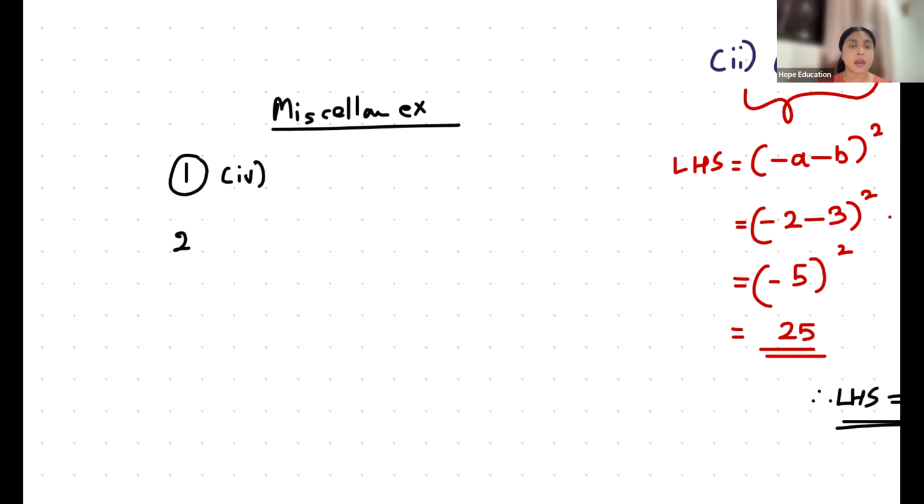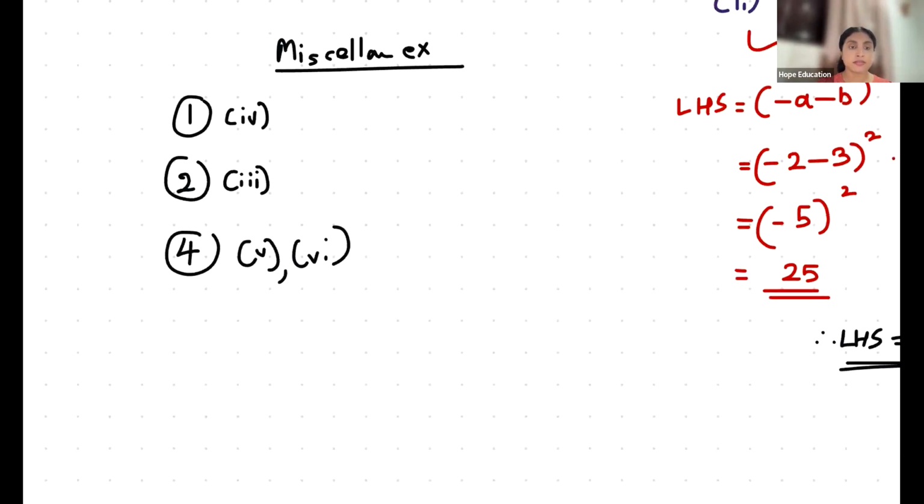Second question, Roman number 3. Then fourth question, Roman number 5 and 6. Then only do 5th and 6th.